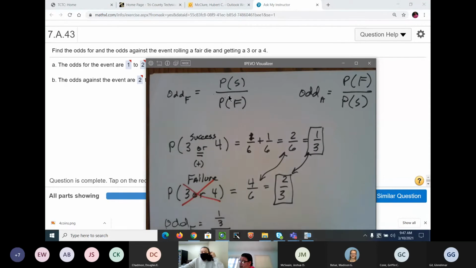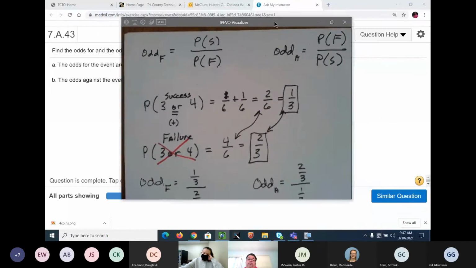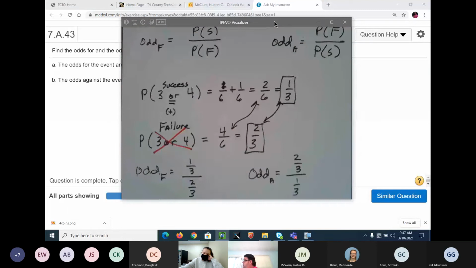The odds against is 2/3 over 1/3. Multiply by 3 over 2, multiply by 3 over 1, and the 3's cancel. They're supposed to be opposite inverses of each other: 1 to 2 and 2 to 1.